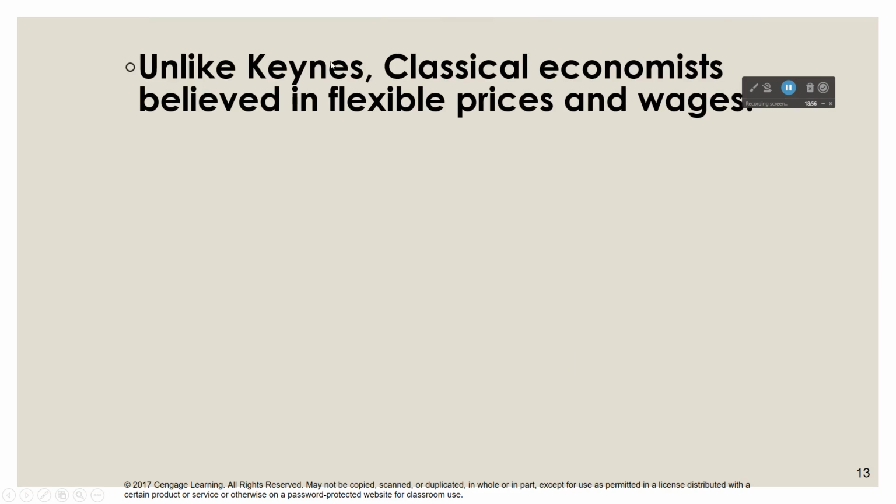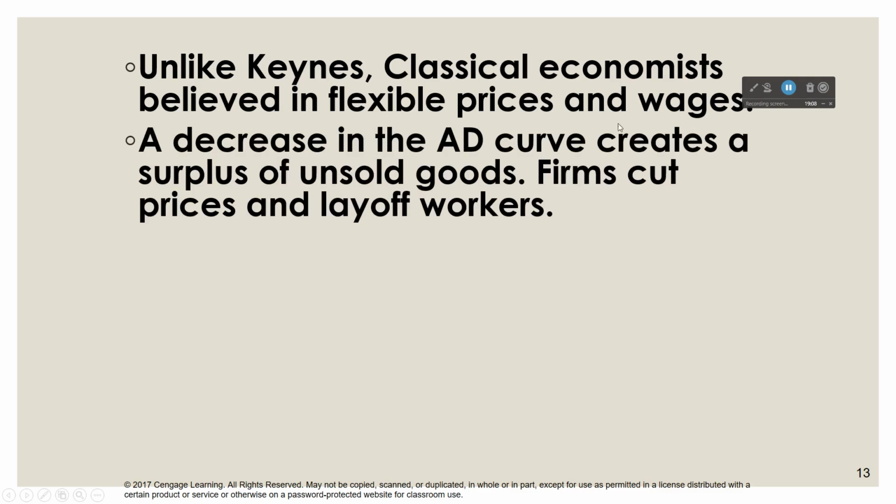The market will do it for us. Okay, unlike Keynes, classical economists believed that prices and wages were flexible, that they could go up and they could go down. A decrease in aggregate demand curve creates a surplus of unsold goods, but firms can simply cut prices and lay off workers.